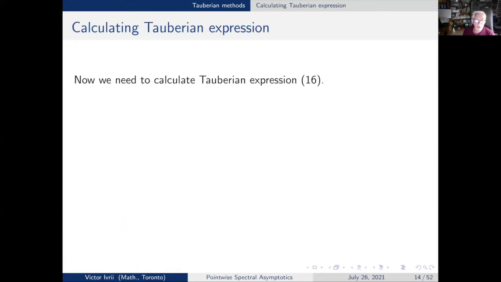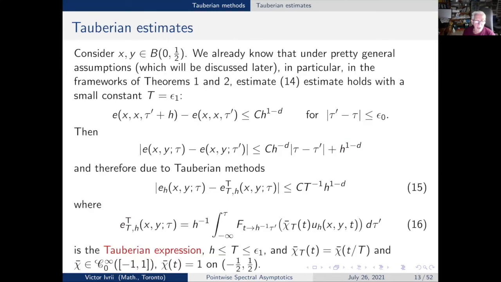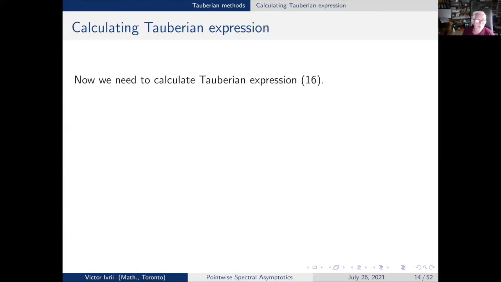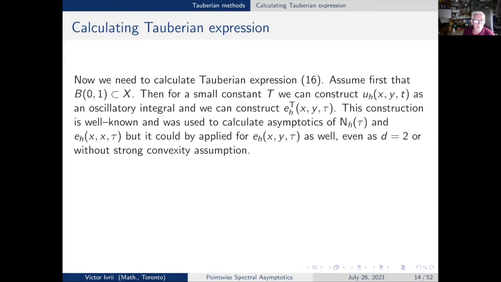Now, what I'm saying is that the Tauberian theorem consists of two parts: deriving an estimate like this, and then deriving asymptotics like that. And an estimate like this we derive first, not using monotonicity, but on the second step, monotonicity is not needed. Now we need to calculate the Tauberian expression.